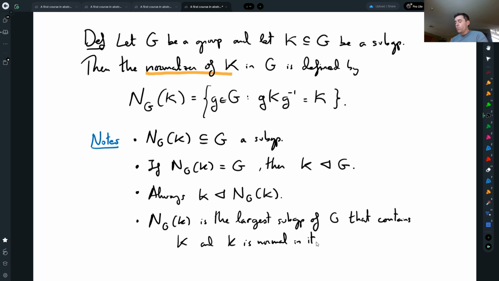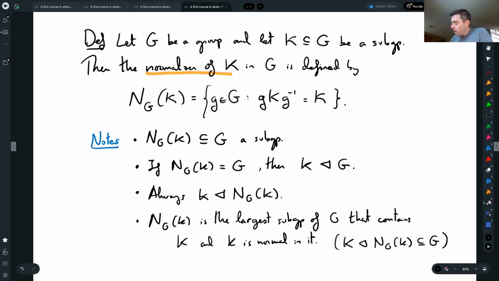All right, so because we do have that K is always normal in the normalizer, and this is a subgroup of G, the normalizer is the largest subgroup of G where K is normal in that subgroup. Okay, so those are things that if you want, you can prove as an exercise, but they are fairly clear. All right, so let me give you some examples.